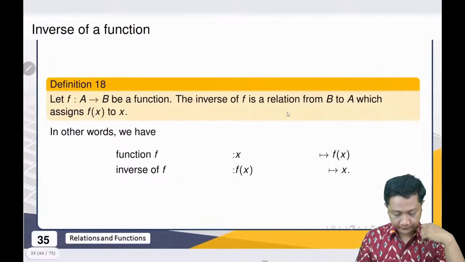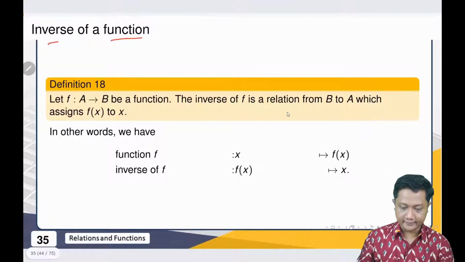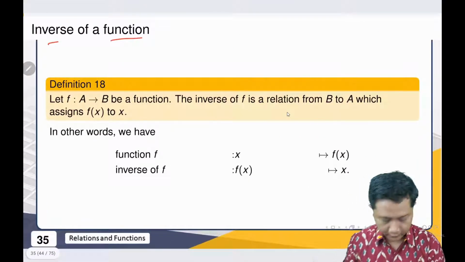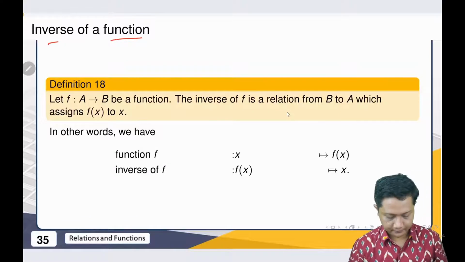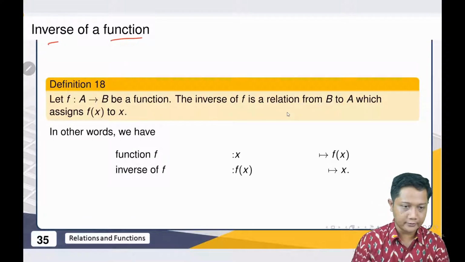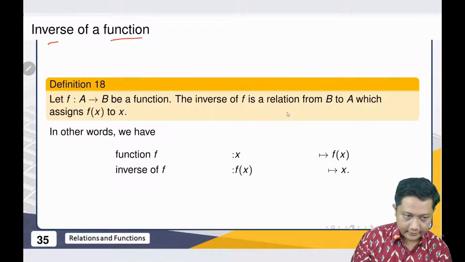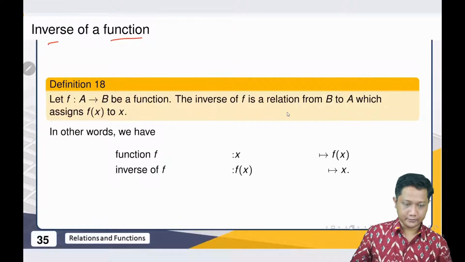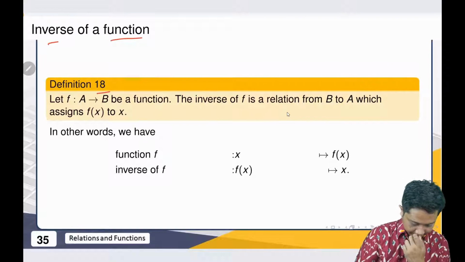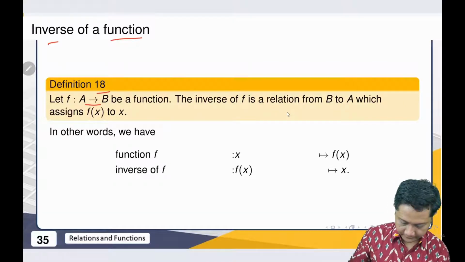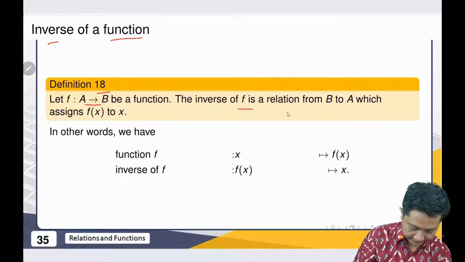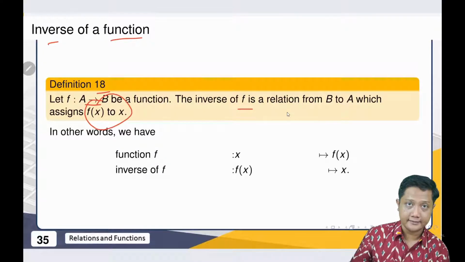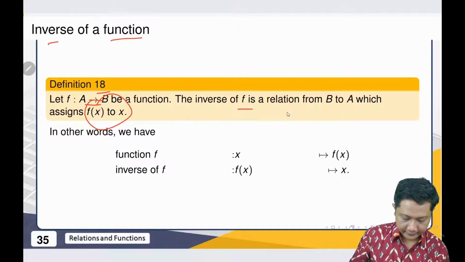Okay, and the main reason why we need to develop a bijective function is because we want to define the inverse of a function. So this is the definition. If f goes from A to B, then the inverse relation of f is this relation. That's exactly what we discussed before.